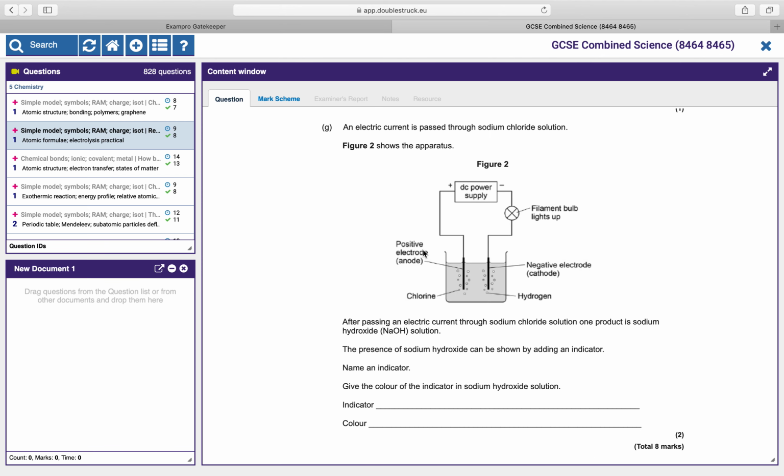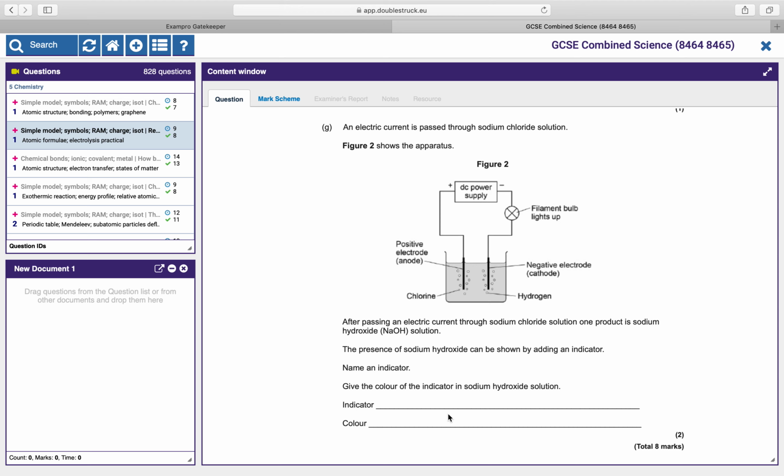And then let's have a look at this one. This is an interesting one. This one comes up a few times. So the general thing here is the presence of sodium hydroxide can be shown by adding an indicator. Name an indicator. Give the color of the indicator in sodium hydroxide solution.